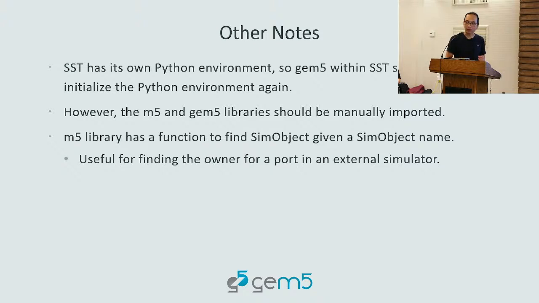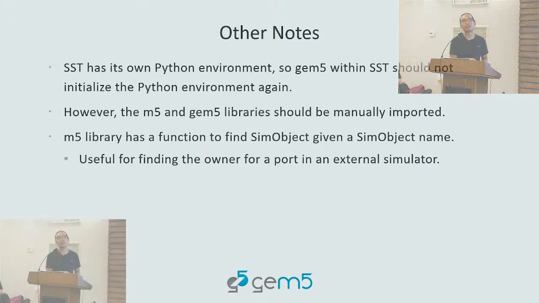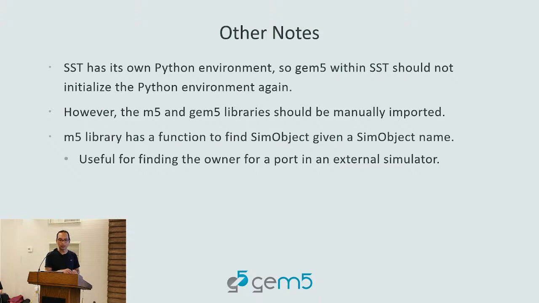Another thing I want to mention is that so far I said you need to bring up the Python environment, but SST also uses the Python environment for the interface between the front end and the back end. So by the time we reach the gem5 component instantiation, the Python environment has already been brought up by SST.